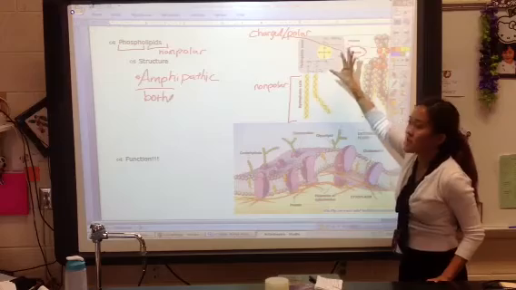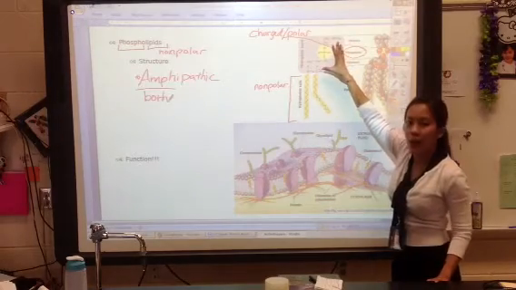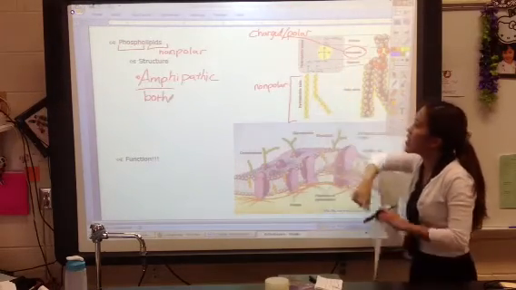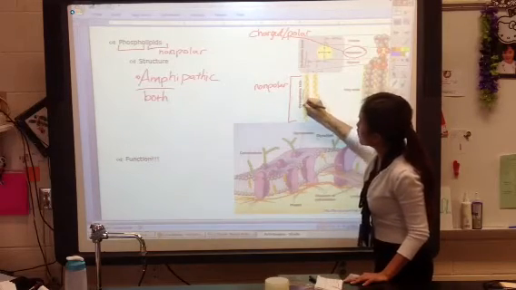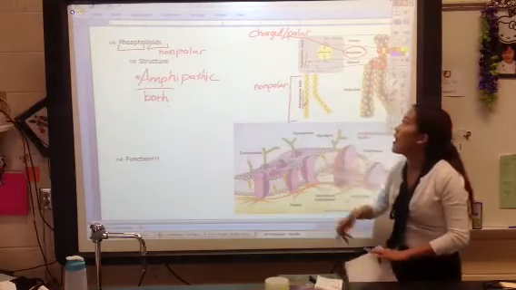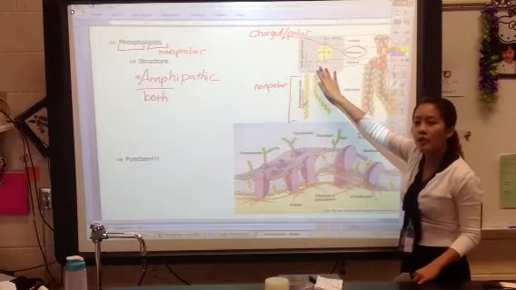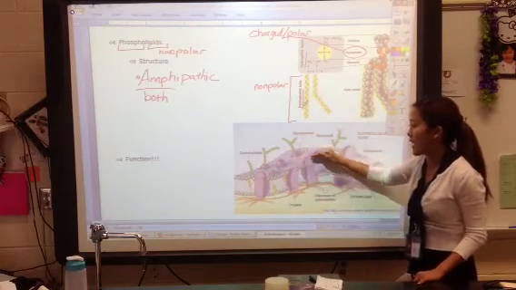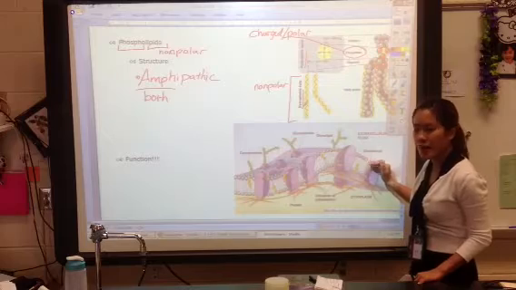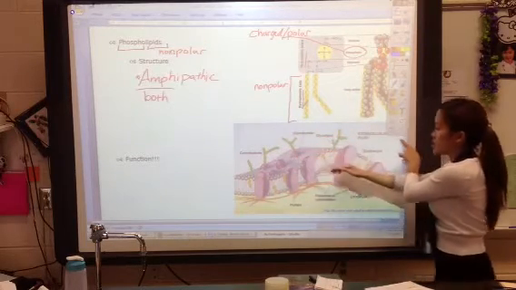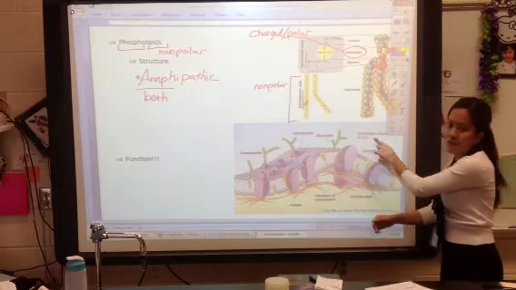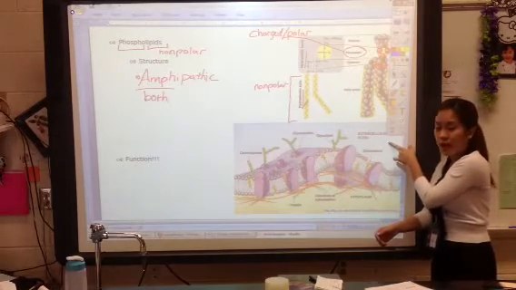These phospholipids, because of that charge on the top of the phospholipid head, and you'll also notice that it says hydrophilic head and hydrophobic tail. The hydrophilic water-loving head is going to be on the outside of the cell membrane, so it's going to be basically against that extracellular fluid, or against that cytoplasm, which is made of mainly water.